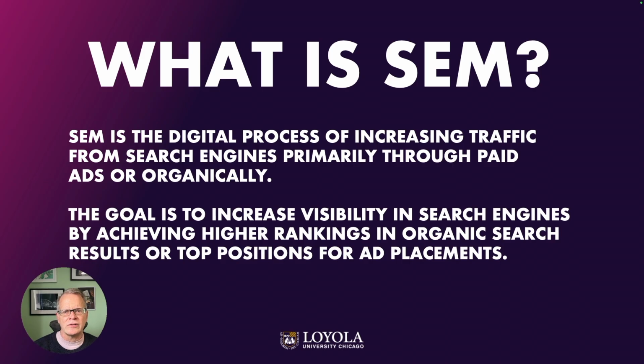As I mentioned at the outset, SEM is a little bit different than SEO. The reality is that SEO is a part of SEM. SEM fundamentally is the digital process of increasing traffic from search engines primarily through paid ads or organically. That's why I said SEO is a part of SEM. The goal is to increase visibility in search engines by achieving higher rankings in organic search results or top positions for ad placements.